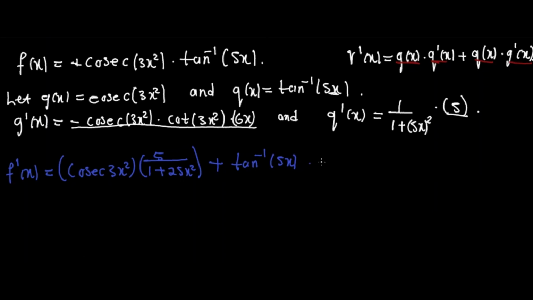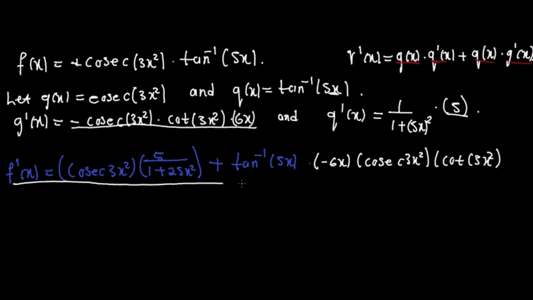So we'll have minus 6x cosec 3x squared times the cotangent of 3x squared. So this line here is the derivative of this function. Hopefully now you get it.